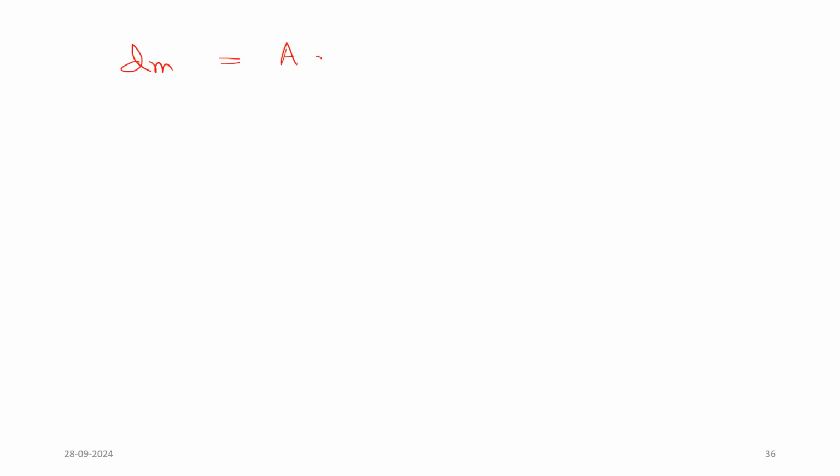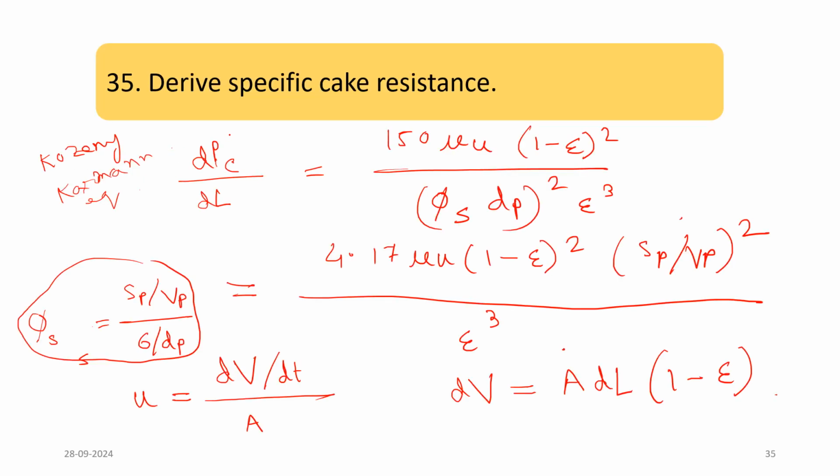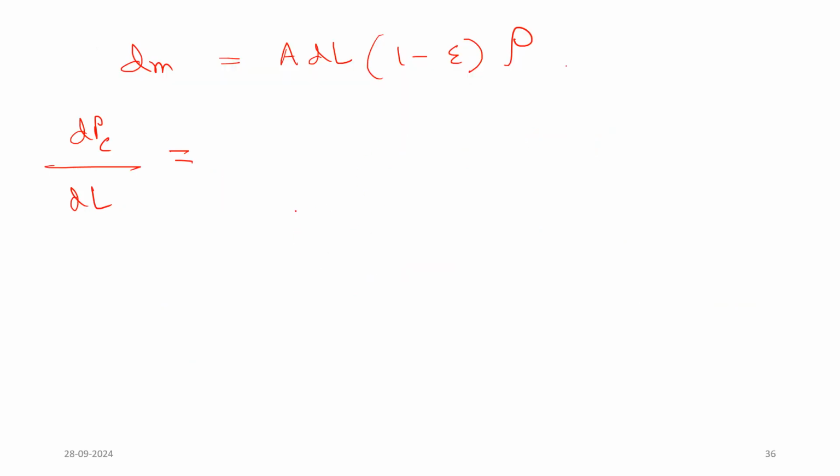Then there is 1 minus epsilon. We are taking dPc only, so dL is there, and another 1 minus epsilon is there, right? And we want to fix dm. So how will we fix dm in this equation?